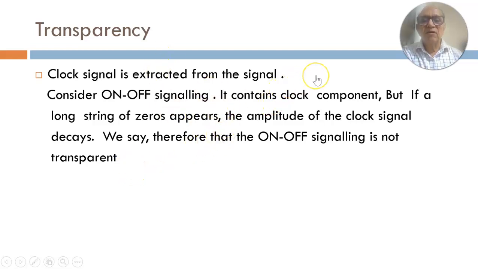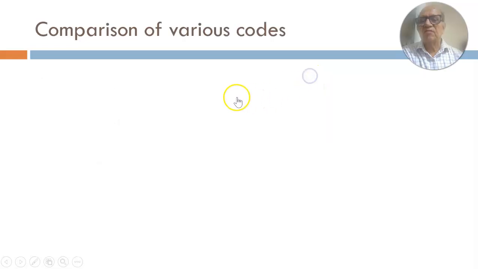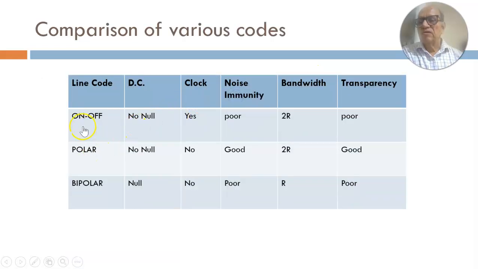So let us quickly look at the table in which we compare the various signals on these 5 parameters: on-off signaling, polar and bipolar. If you consider the DC component and the low frequency component, there is no null at 0 frequency. Note that what we are talking about here is the power spectral density versus frequency plot.